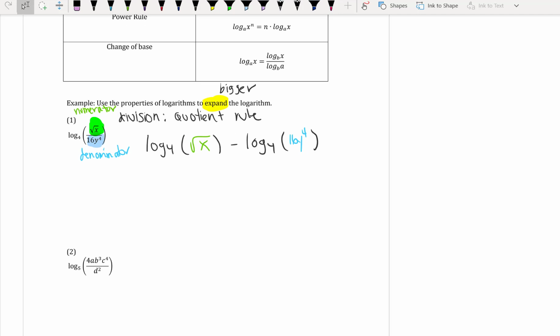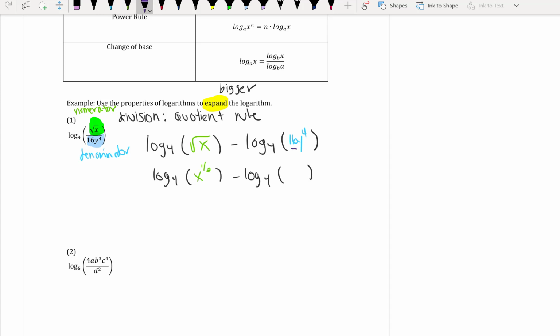Now we're going to think about what the square root means. Well, this really means that this is log base 4, and that square root of x is x to the 1/2, minus log base 4. And here I have a product rule. I have two things that are being multiplied together.